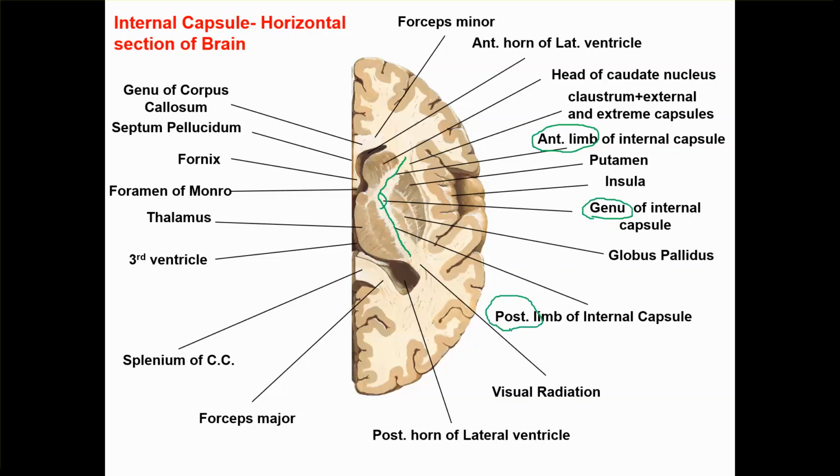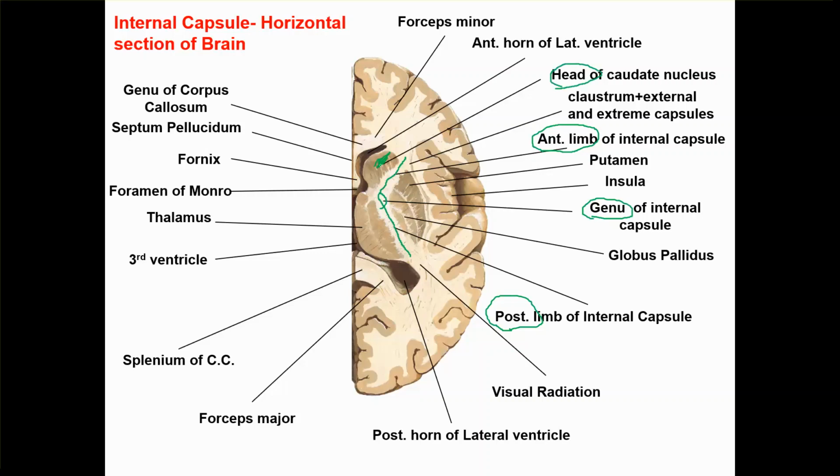After you have understood where the limbs or parts of the internal capsule are, the anterior limb separates the caudate nucleus medially. So this is the caudate. Here you can see the head of the caudate nucleus.